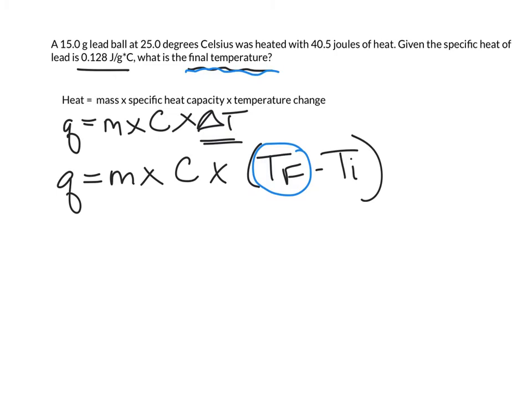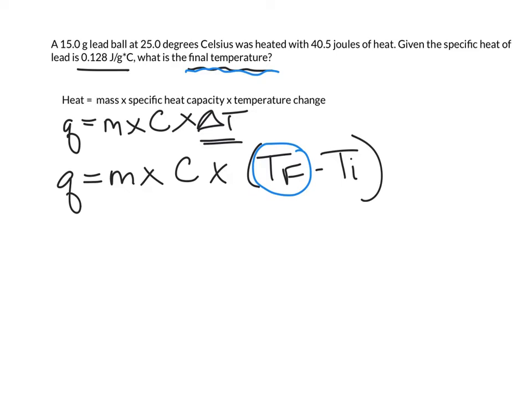First of all, you're always going to start with those things which aren't in the brackets. So we can't do anything with this until the very end because T final and T initial are closely related. So what we need to do first is bring the mass and the specific heat capacity over to the other side.